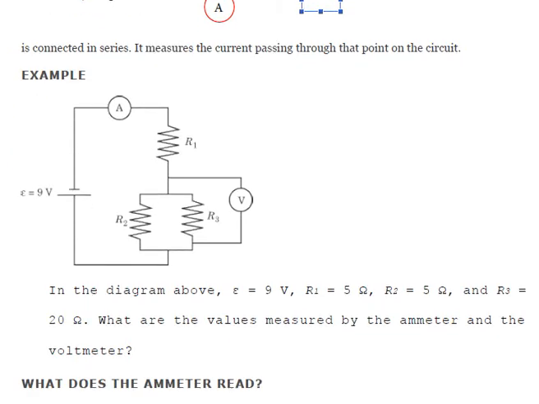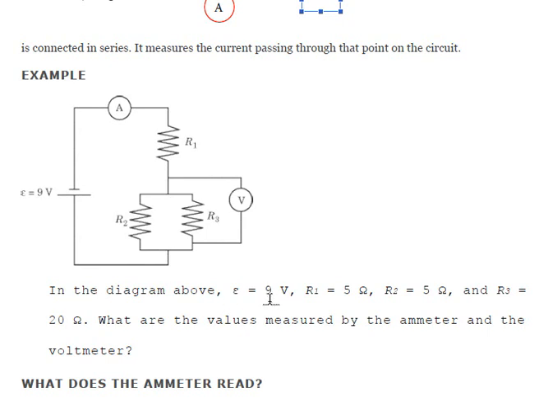So if you look in this example, we come out of the battery, we hit this parallel section, and then another resistor's in series, and run around through an ammeter back to the battery, and we have this voltmeter connected across resistor 3.